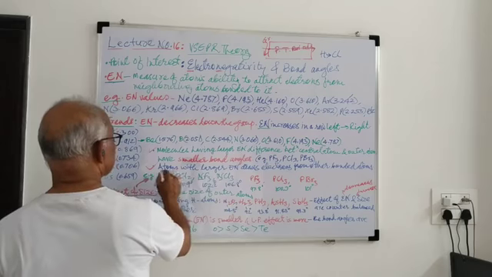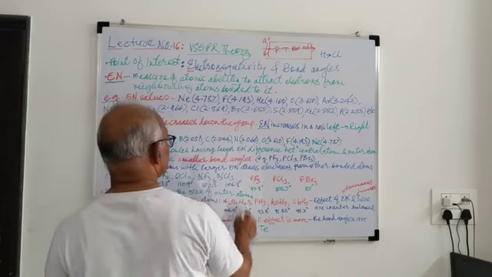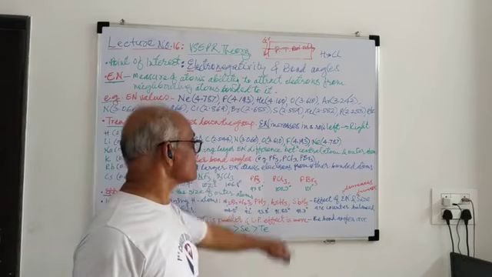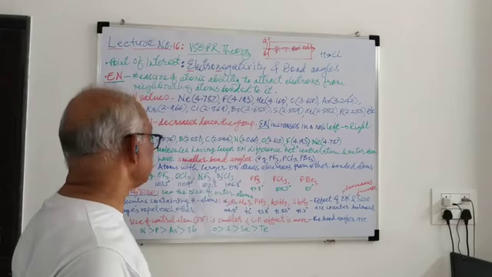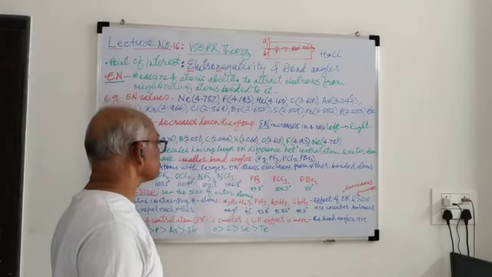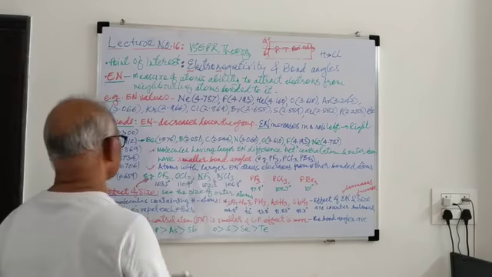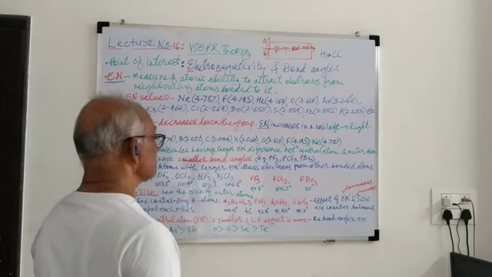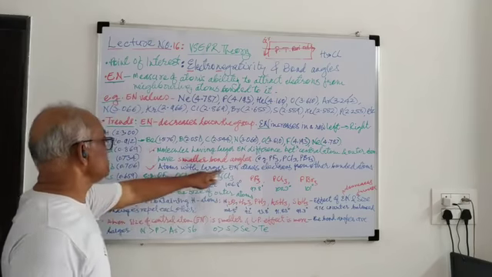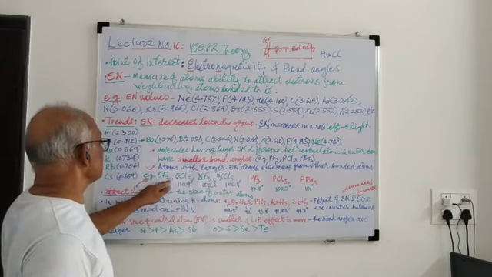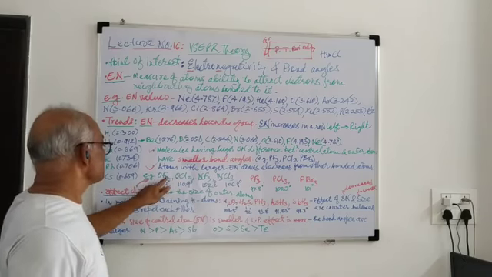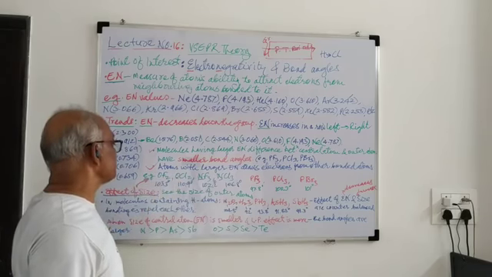Then next, atoms with larger electronegativity draw electrons from other bonded atoms. You will find molecules such as OF2 and OCl2. Here the central atom, oxygen, is common, while fluorine and chlorine are different.